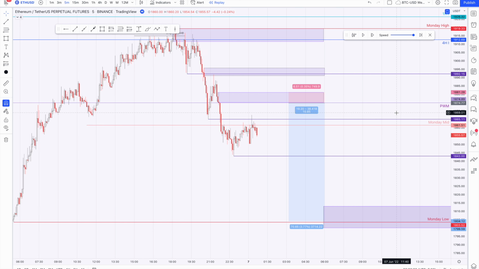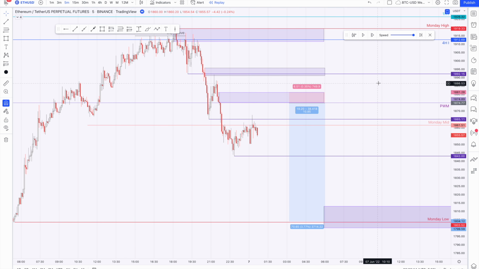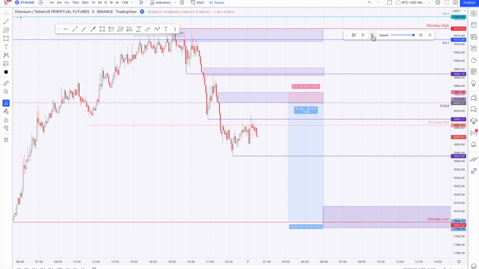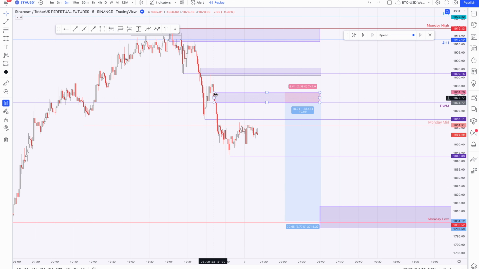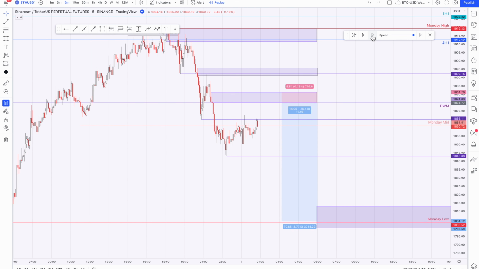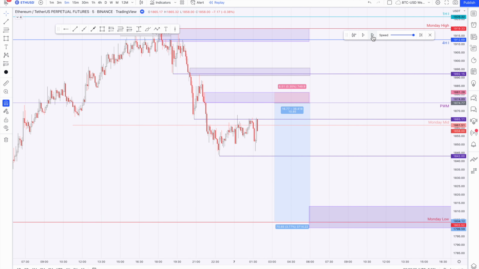These are really important levels. We found this order block at the previous week mid, right? I could have marked this one as well, but I chose not to, because this is going to be a really important level for us, just in case you guys were wondering, because you can already see this order block right there. Anyways, we move ahead.